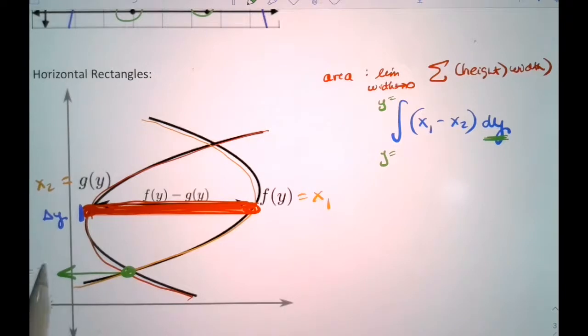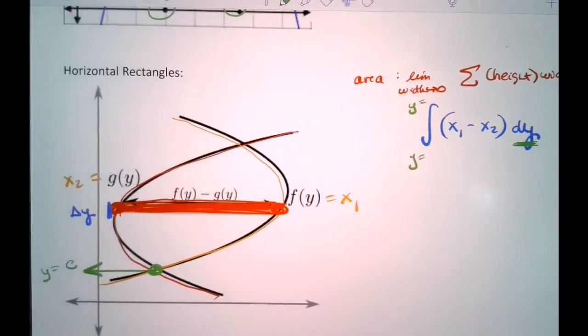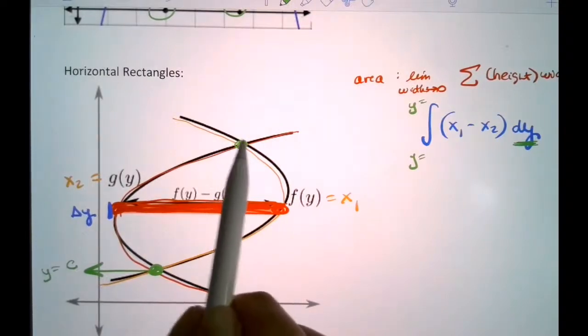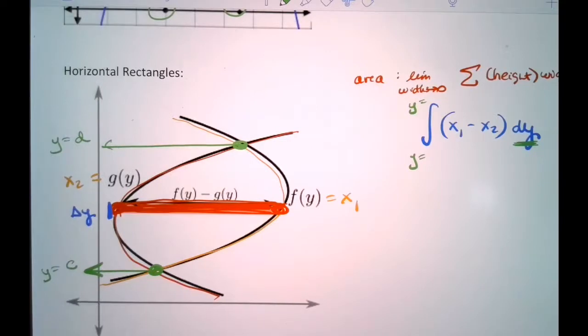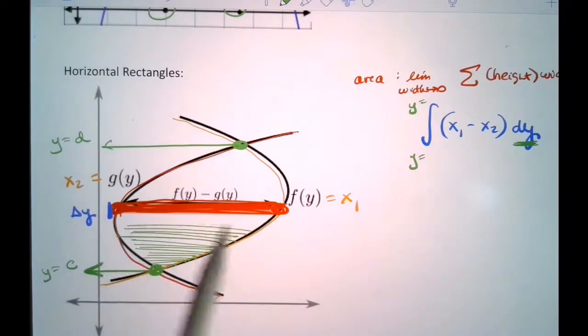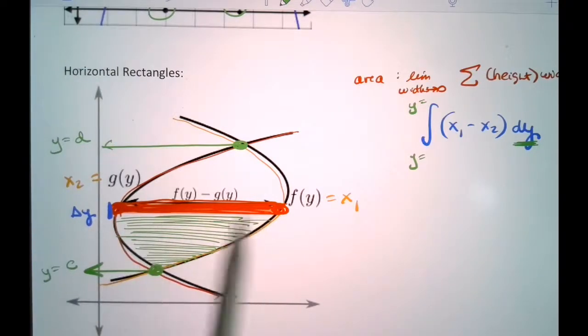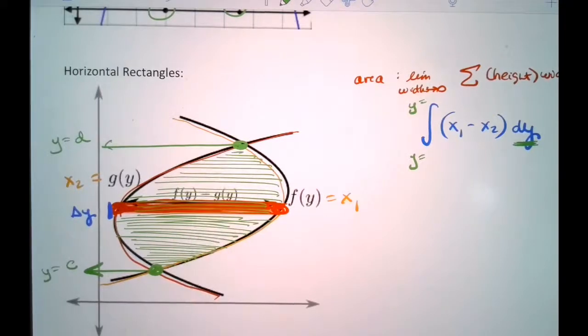I'm going to call that y equals c. And then, slide over here, that's the stopping point on building this area. I'm just going to call that d. So what you're saying is I have all these rectangles that are really, really skinny and thin, and we're going to start building at y equals c, and we're not going to stop until we get all the way to y equals d.